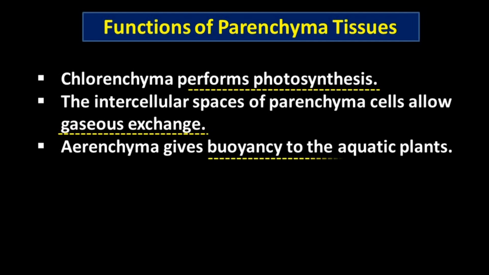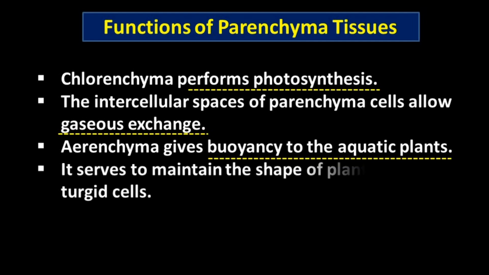Parenchyma gives buoyancy to the aquatic plant, जिसकी वजह से they easily float on water, they can grow on water surface. It serves to maintain the shape of the plant due to its turgid cells. These cells are turgid, so it helps to maintain the shape of the plant. So these are the functions of parenchyma tissue.